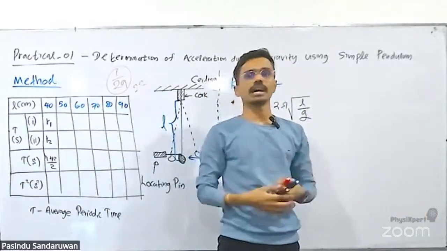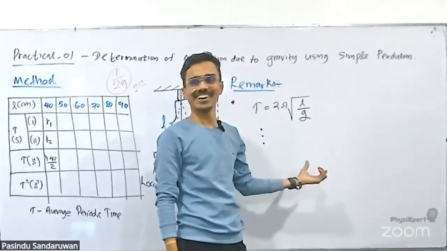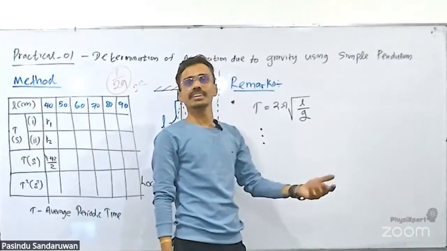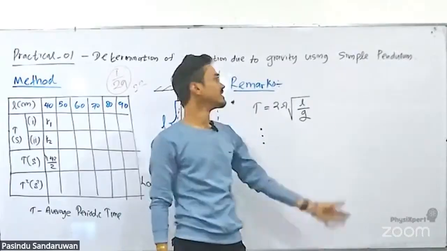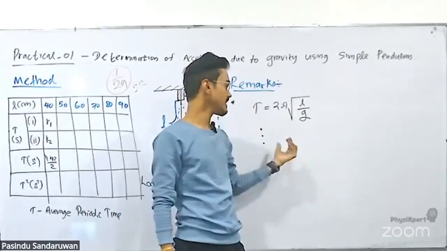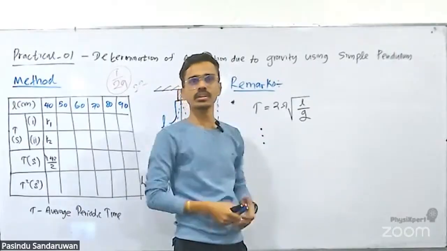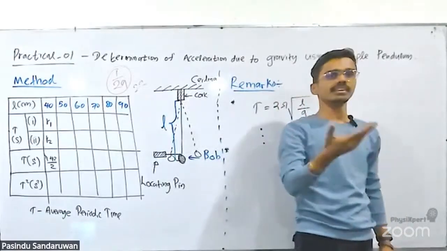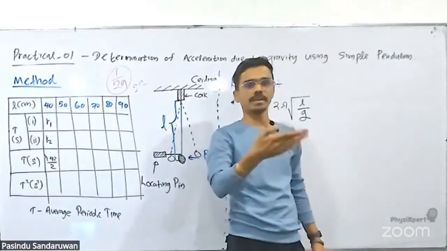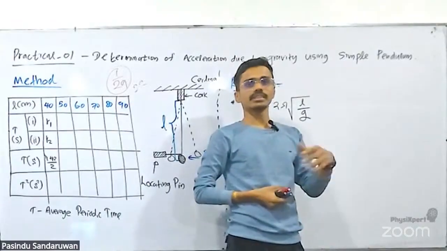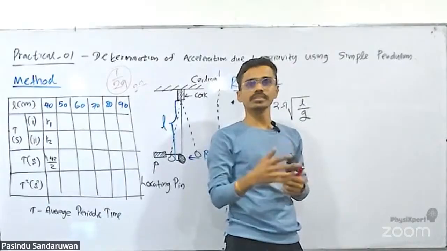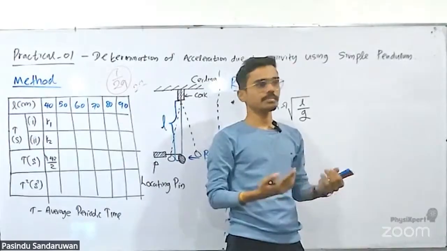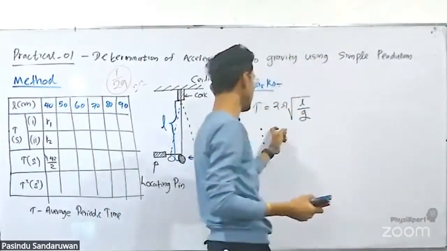Otherwise you can end up with an impossible value for G. It should be something around 10. When you are finding 9.81, it is fine if you got 9.5 or 9.3, something like that. A value like 25 or 30 is impossible, which means a mistake.